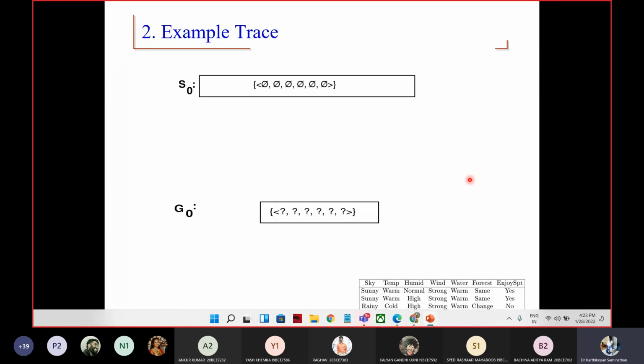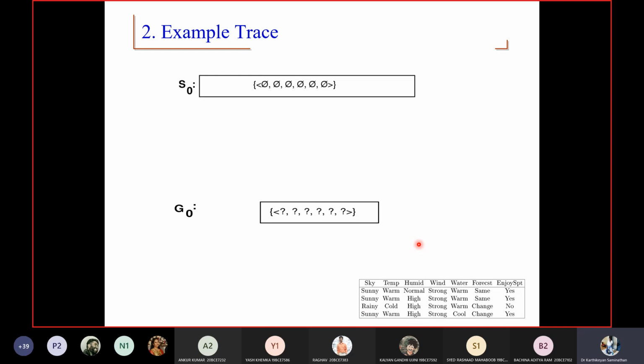Now I will give you another example. You can try this. Now you can see, I hope you understand, right?